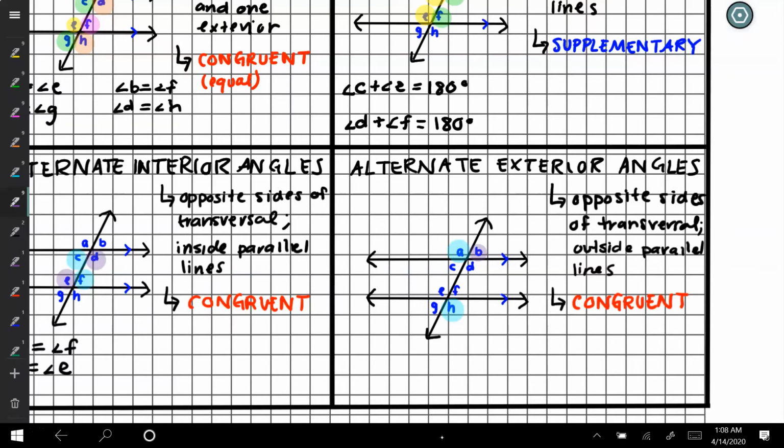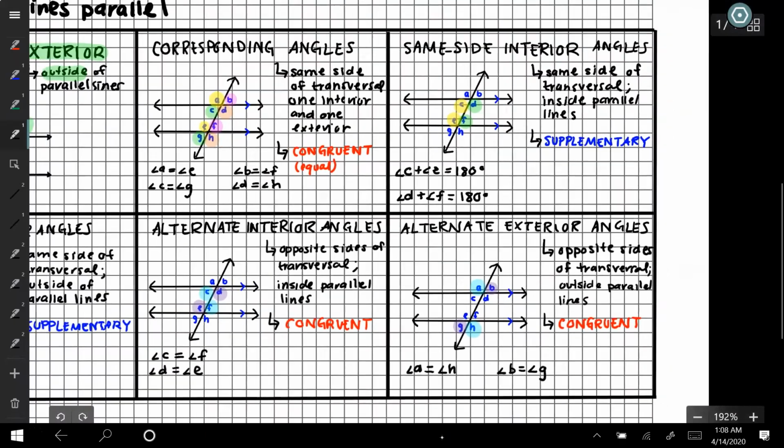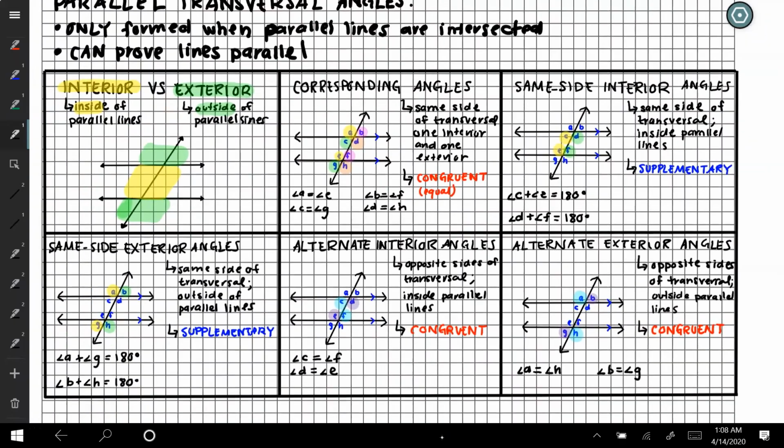And then angle G is going to be the alternate exterior angle to angle B. So now let's write out our rule. Angle A equals angle H, and angle B equals angle G. So if we have two lines that are parallel, all of these will be true.